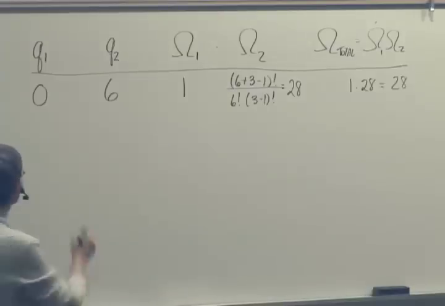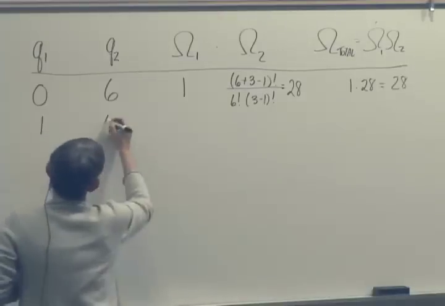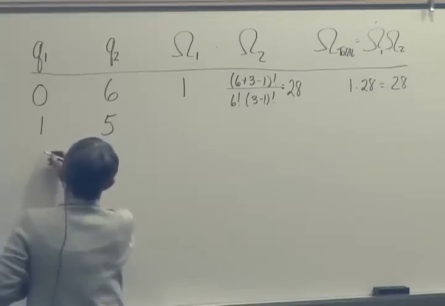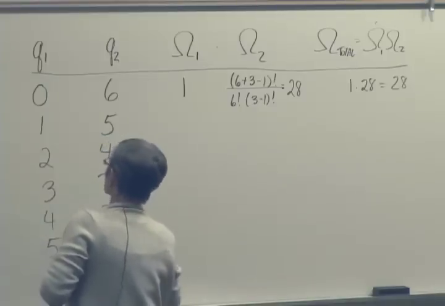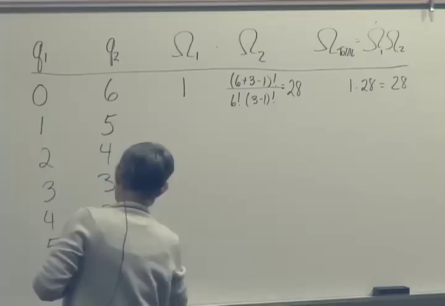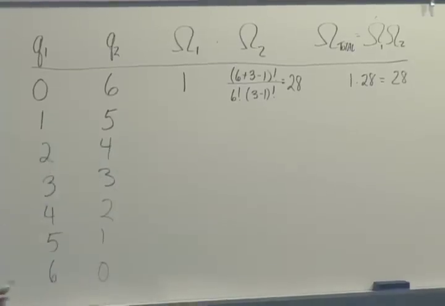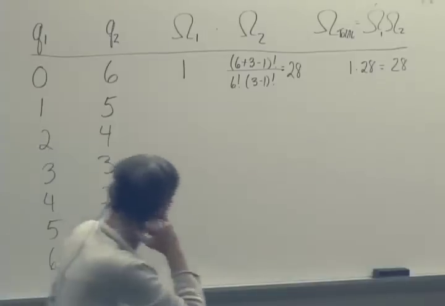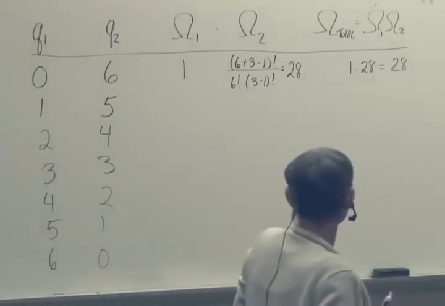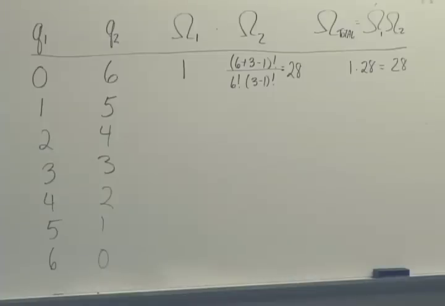Okay, so we did 1, but now we need to calculate what happens if you put 1 and 5, or 2 and 4, or 3 and 3, or 4 and 2, or 5 and 1, or 6 and 0. Okay? So here's what we're going to do. We have 6 things to calculate. So you guys are going to do 1 and 5, this row here. And you guys are going to do 2 and 4.